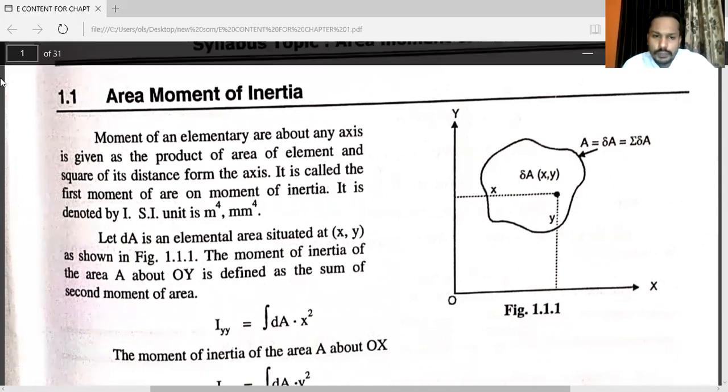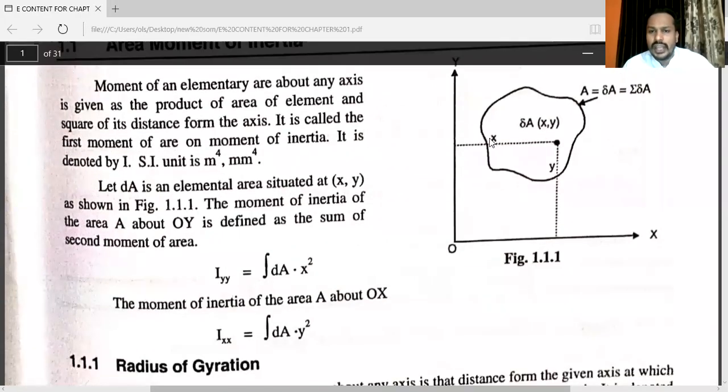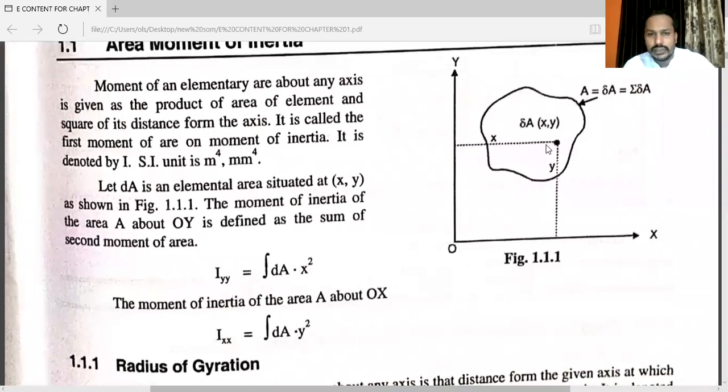See, so here the formula is Iyy is equal to integration of dA into x square. See, in this diagram, x is the distance from the vertical axis. So the formula for Iyy is equal to integration of dA into x square according to the definition.